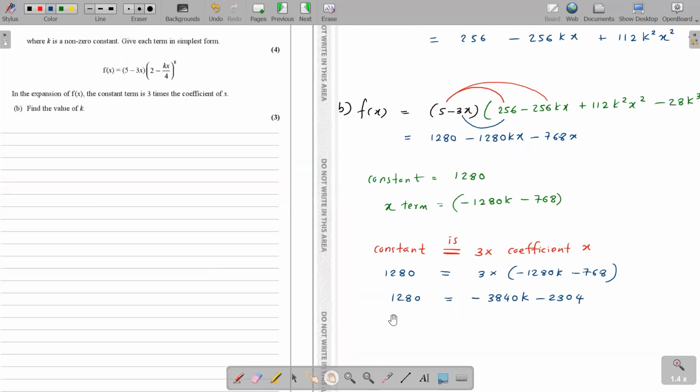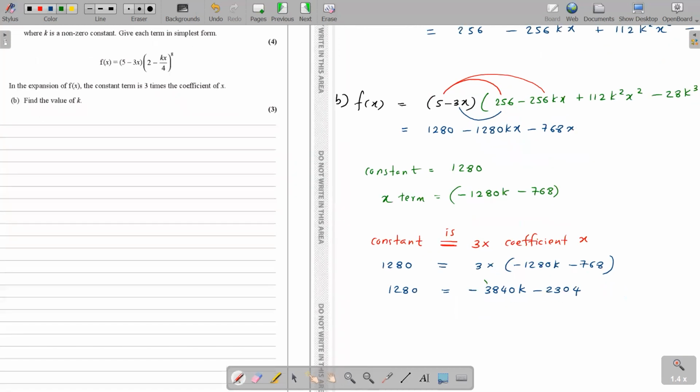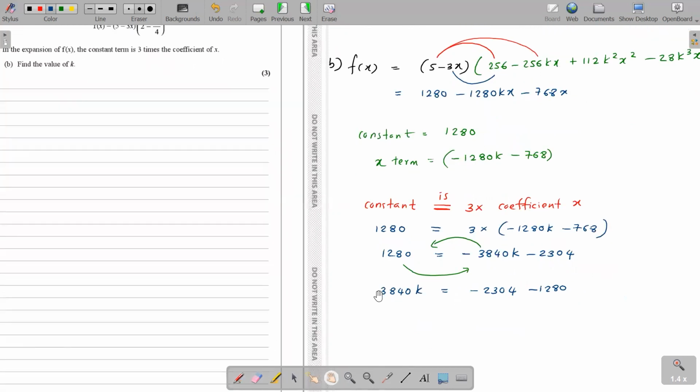Are you with me? So I'll take this guy here and I'll take this over here. I want to make my k term positive. 3840k equals minus 2304 is over here in this side, and I'll take 1280 to the other side as minus 1280. The 1280 goes as minus. Okay, so we'll add these two.